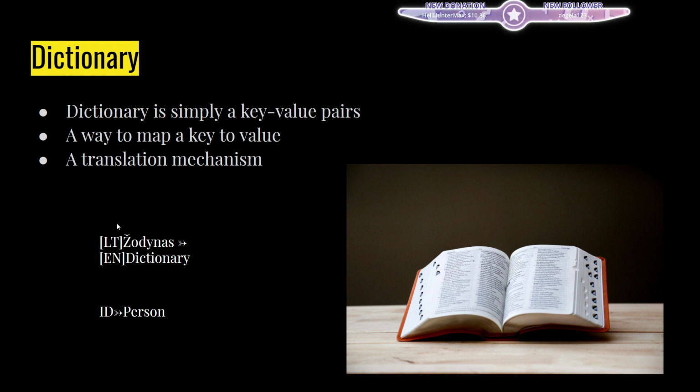So for example, you could pass in a word in one language and get a word in another language back. Or you could pass a key for a person, like a person's ID, and get the person itself. So it's essentially like a list, but for key value pairs, like JJ Cube mentioned.